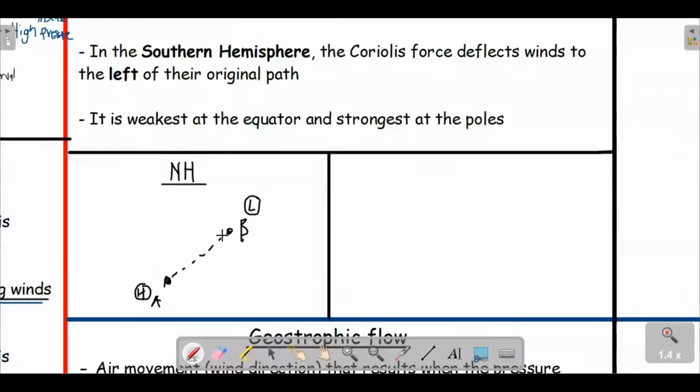It was supposed to move like this if there was no Coriolis force. But because there's Coriolis force, it is going to move to its right. So to its right, that means it's going to move this way. Instead of moving straight, it is deflected by the Coriolis force.